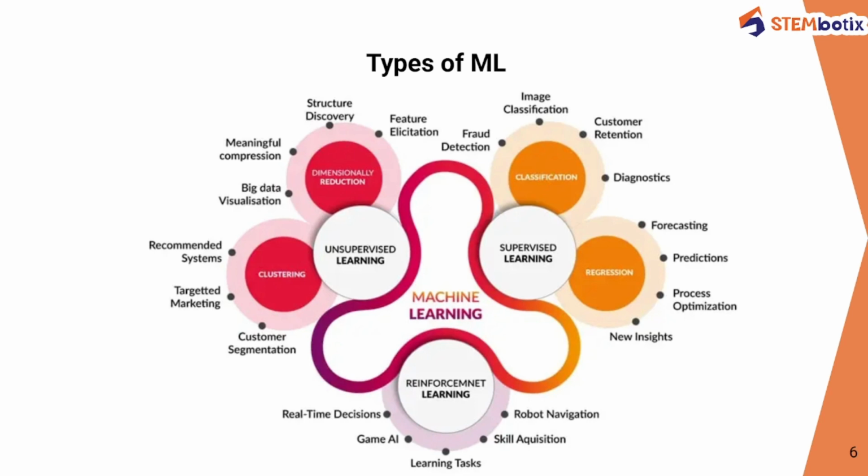It's like teaching through trial and error, where the algorithm learns from its own experiences. For example, real-time decisions, game AI, learning tasks, skill acquisition, and robot navigation. So these are the main three types of machine learning.